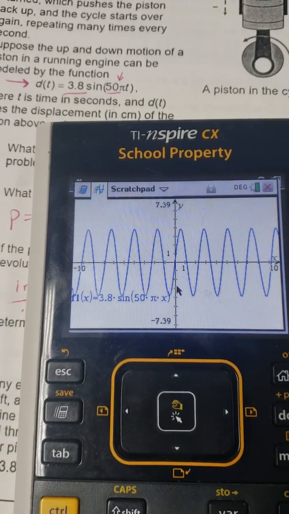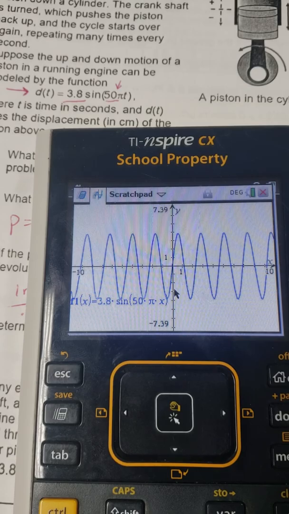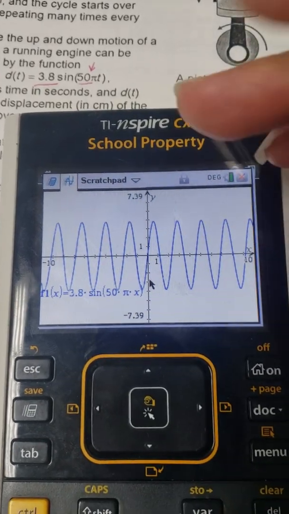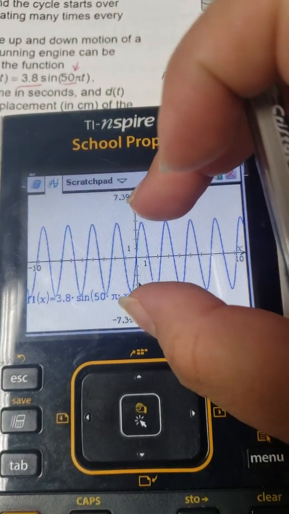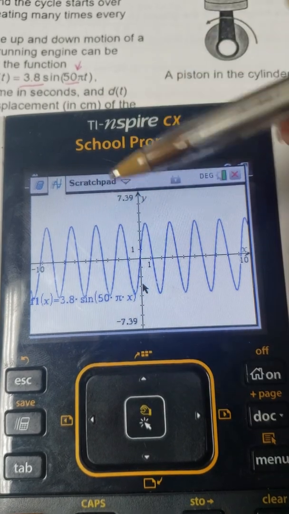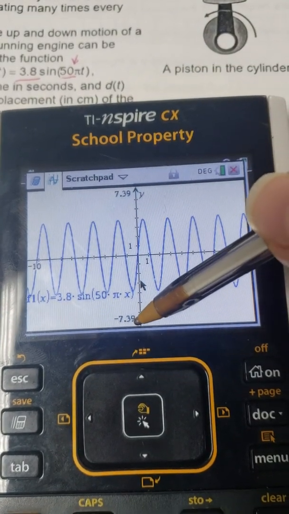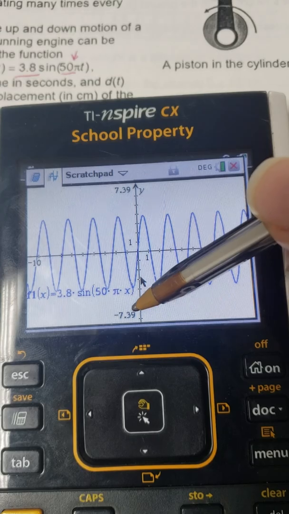Okay, so they're asking us for a decent window of this. In this one I can kind of see the bottom and the top, which would give us our amplitude. So I'm going to say that between what I have right here, actually it works pretty nicely.